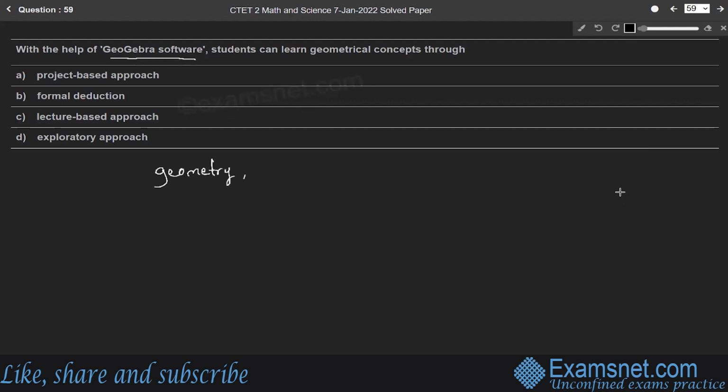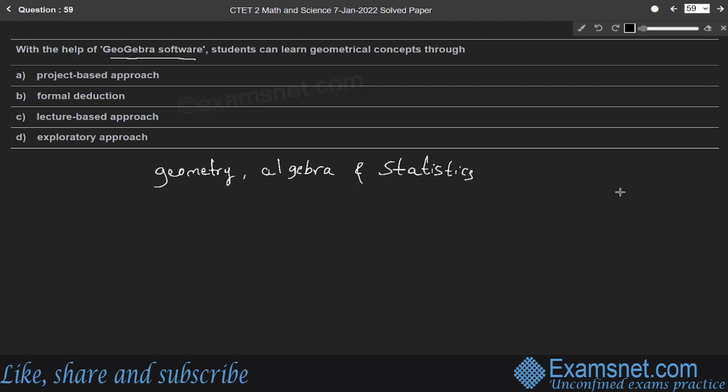The various facilities provided by GeoGebra software mean that it can be a great medium to help its users visualize abstract geometric objects quickly, accurately, and efficiently.